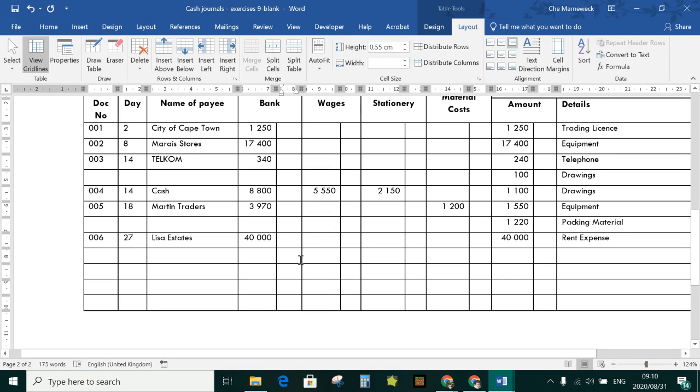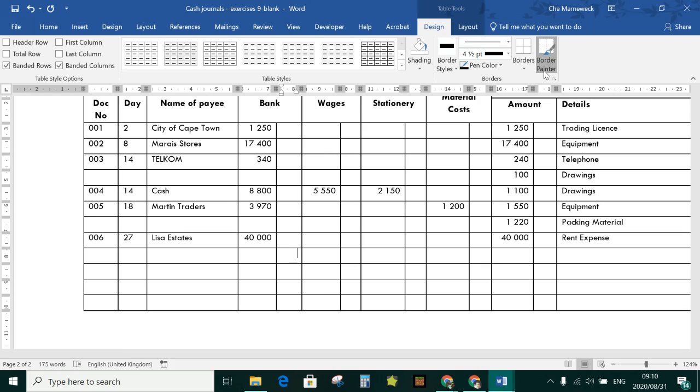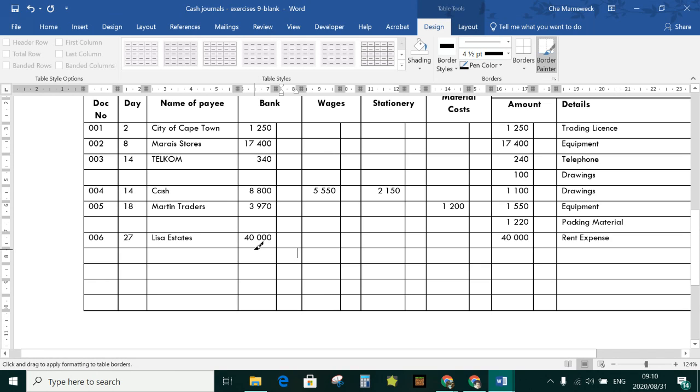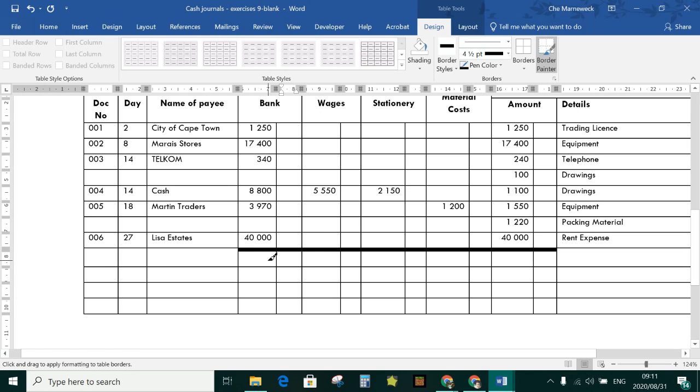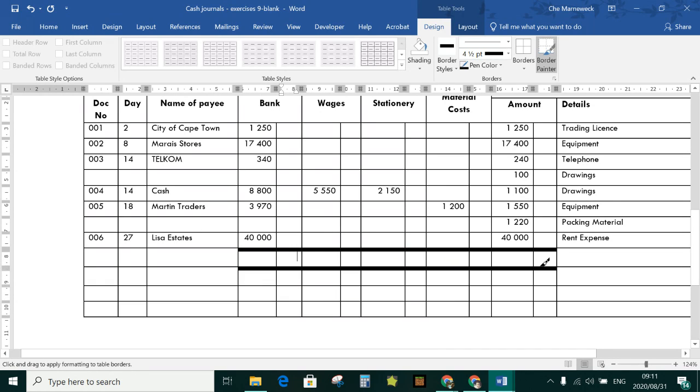It is now the end of the month and we need to total our columns up. So you're going to get your ruler out and we underline from bank all the way to sundry, above and below to get our totals. Then you're going to get out your calculator and we're going to add all the values. So we're going to add all of these values in bank to get the total of bank.